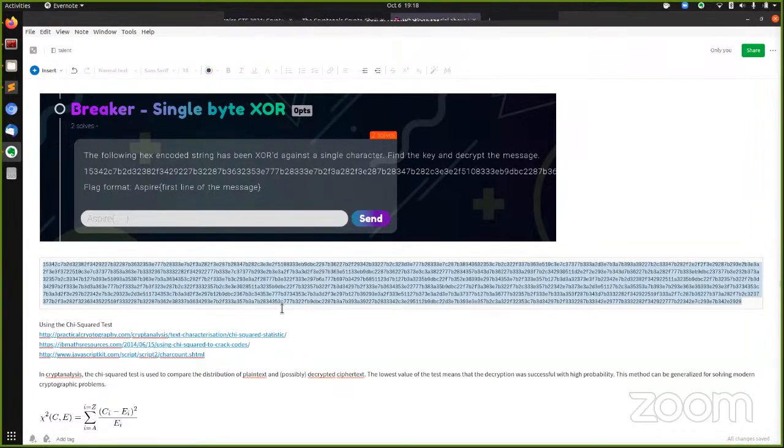How the chi-squared test is used to do this is, we will try to decrypt the ciphertext with all the possible single character bytes, then compare the similarity of that output with what we would expect a normal distribution of plain text to be. This is possible because of how languages are structured.